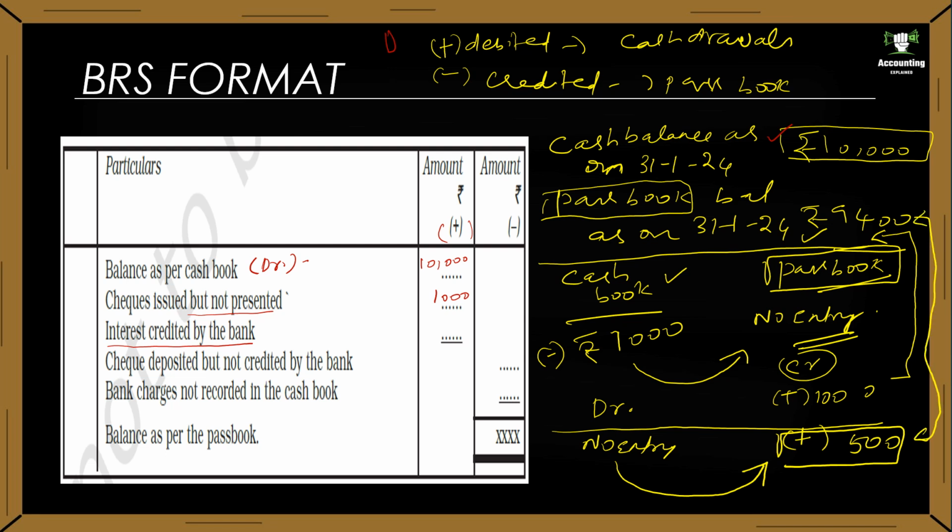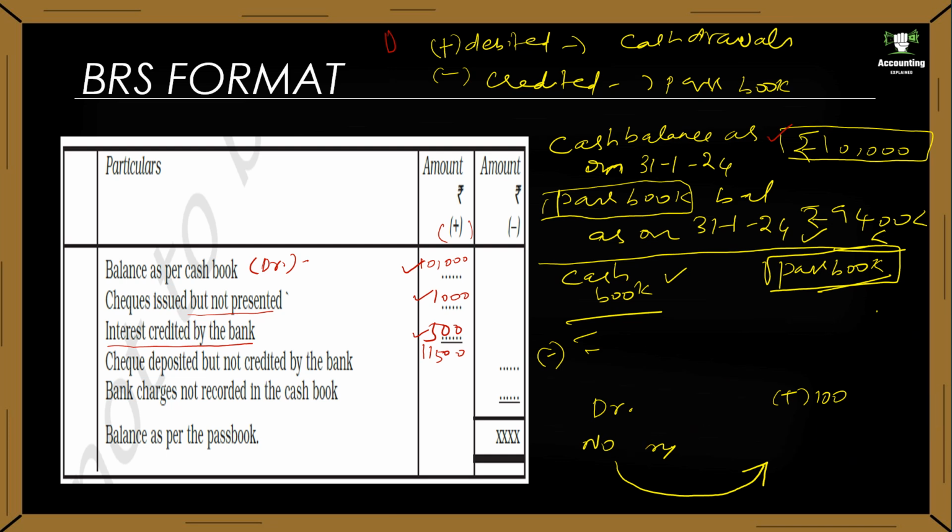So interest credited by the bank, 500, should be put under the additions column. Now all the additions are over. When you add 10,000 plus 1,000 plus 500, it comes to 11,500. We will write it here. What is the next item? Checks deposited but not credited by the bank.